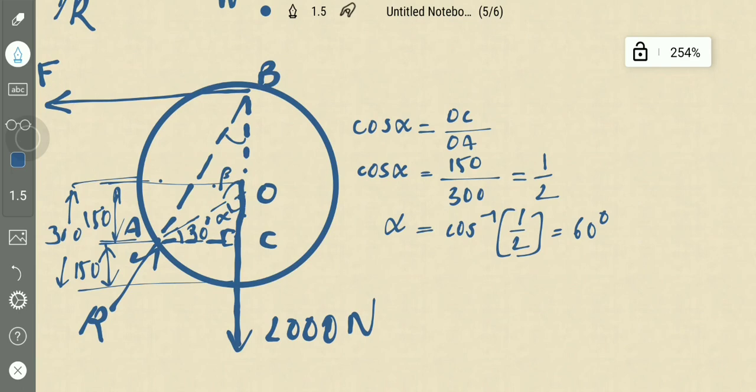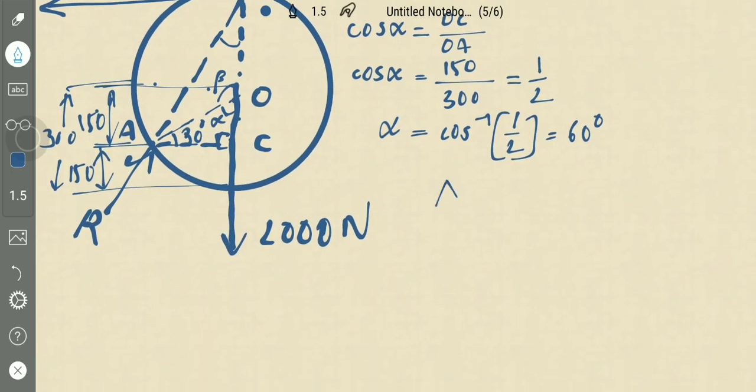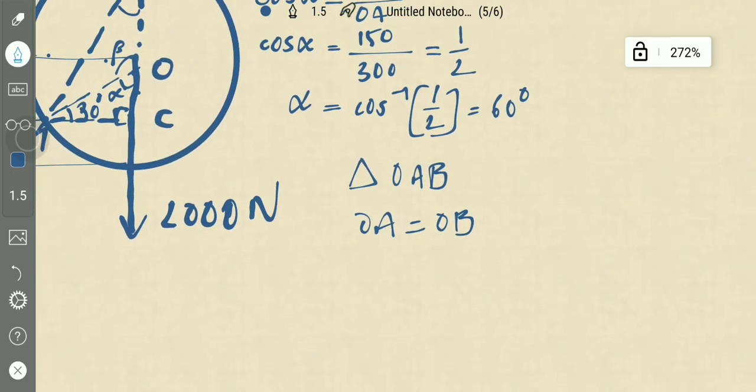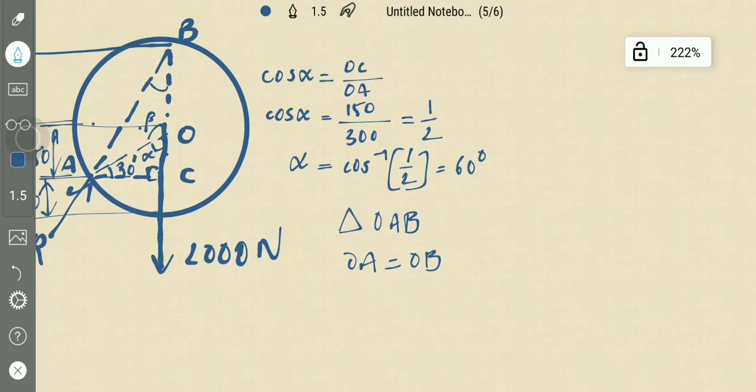And if we consider triangle OAB, in triangle OAB, OA is equal to OB. We know that if two sides are equal in a triangle, then the angles opposite to those sides will also be equal, which means angle opposite to side OA, this is radius.